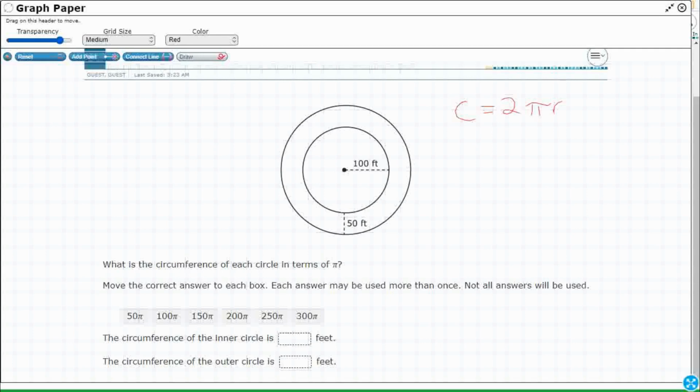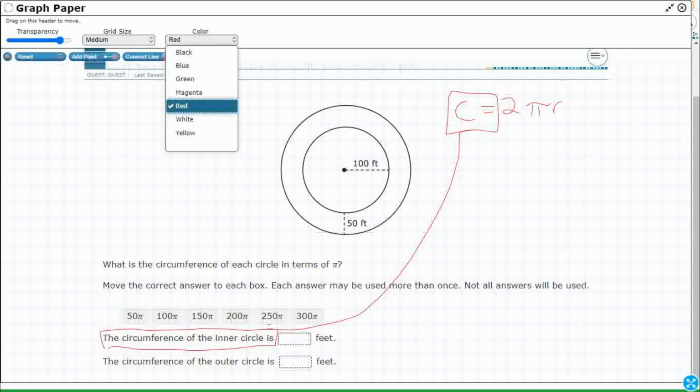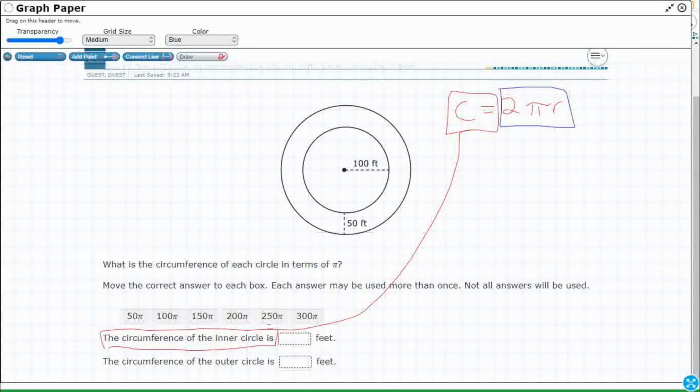The circumference of the inner circle translates to C equals. That's the written form of C equals. The circumference is, that gives you your equal sign.